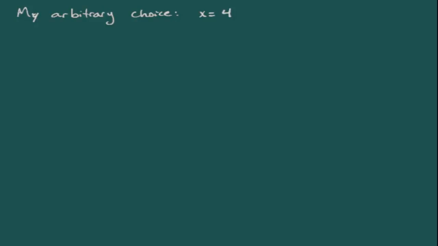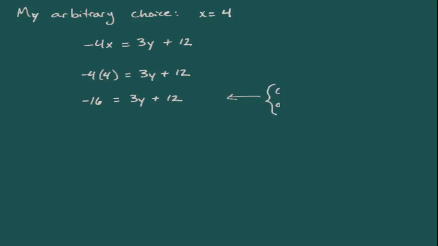Now, doing that one more time, let's choose again and make an arbitrary choice of x is equal to 4. Coming back to our original equation, we plug in 4 for x, and simplifying that, negative 4 times 4 gives us negative 16 is equal to 3y plus 12. It's at this step that we have one equation with one variable that we need to solve.